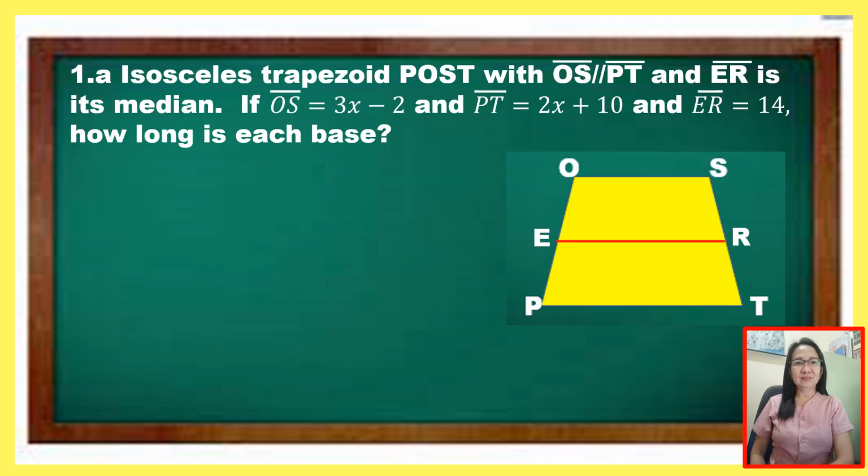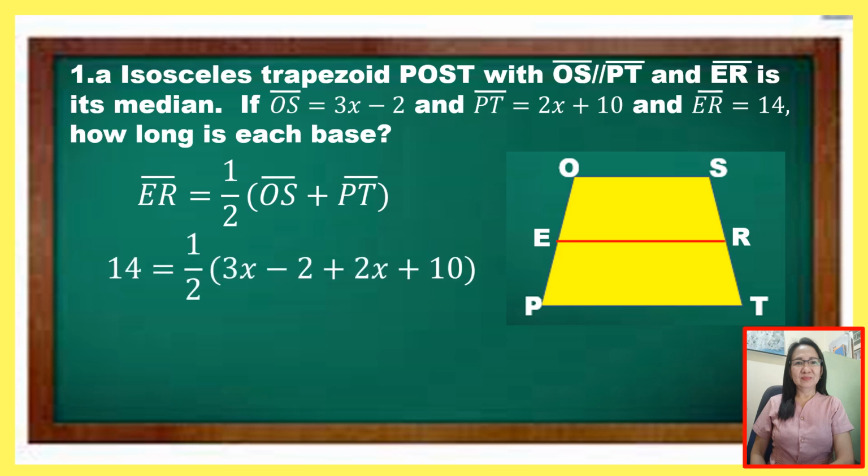Now to solve this problem, let us use the idea that the median, ER, is equal to 1/2 times the sum of our bases, OS and PT. So by substitution, where ER is equal to 14 and OS is represented as 3x minus 2 while PT is represented as 2x plus 10.